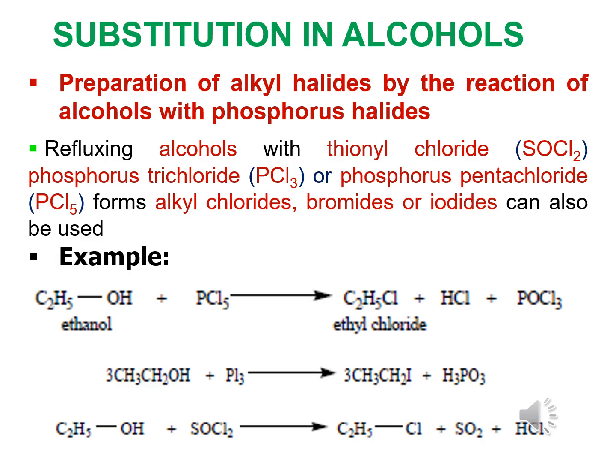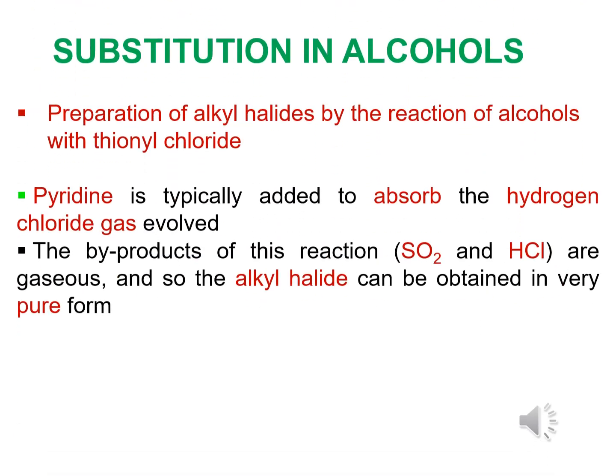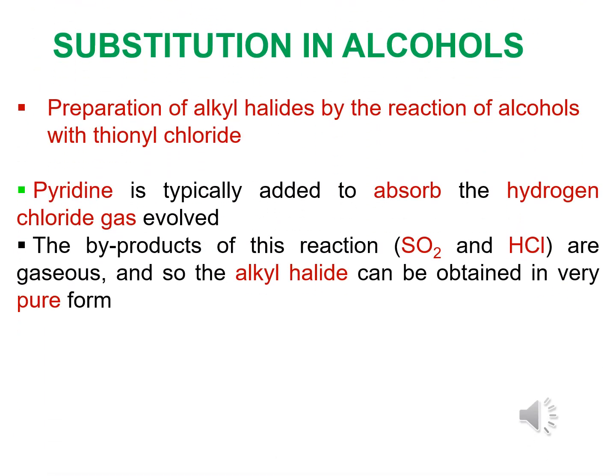But in all, thionyl chloride is the best method of preparing alkyl halide from alcohol. The reason is that if you look at the byproducts, thionyl chloride gives gases, and these gases are removed using pyridine. Because pyridine removes these gases formed, the alkyl halide obtained using thionyl chloride is going to come in its very pure form.